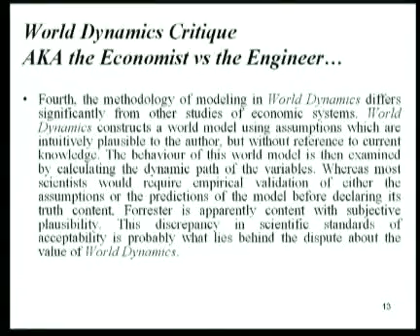This discrepancy in scientific standards of acceptability is probably what lies behind the dispute about the value of World Dynamics. So he's really attacking Forrester's credibility as an objective researcher here, and attacking the overall assumptions associated with World Dynamics, and thereby denying its value.